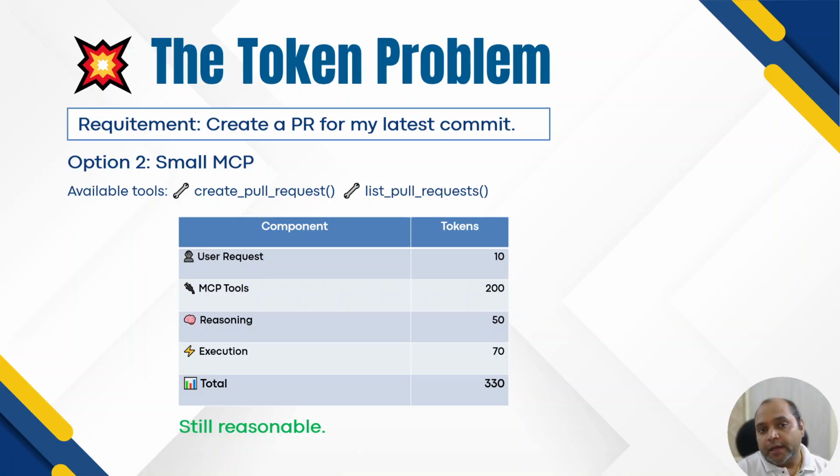Okay. Another option, where your requirement remains the same, is a small MCP. Rather than using a whole big MCP server, if we have a wrapper on top of it and create a small MCP, then the available tools would be, let's say, two tools: create pull request and list pull request.